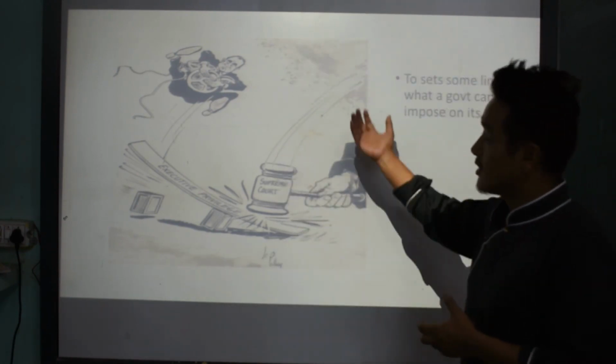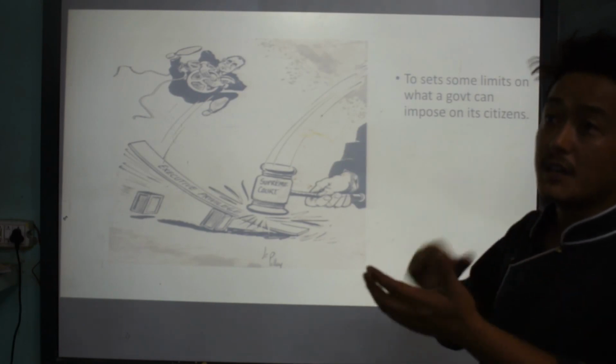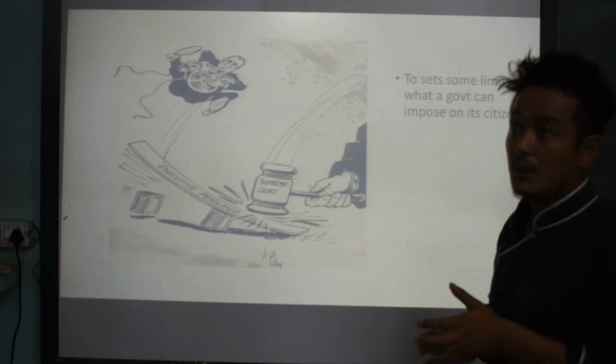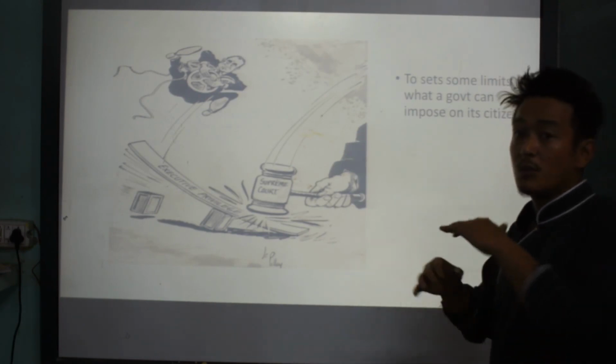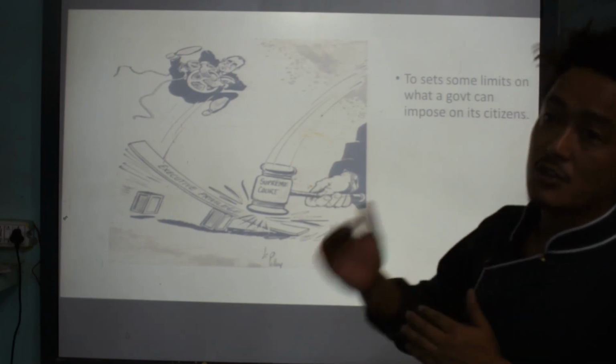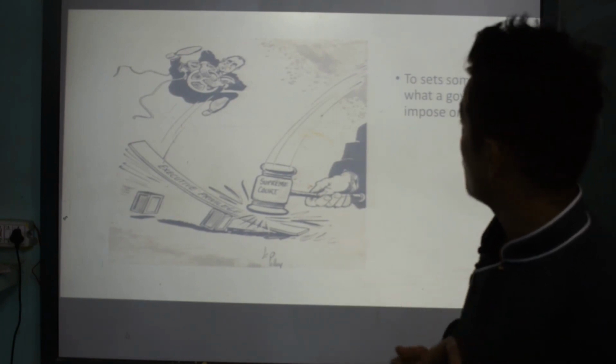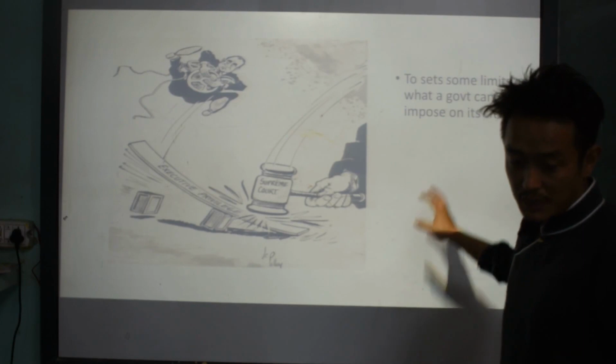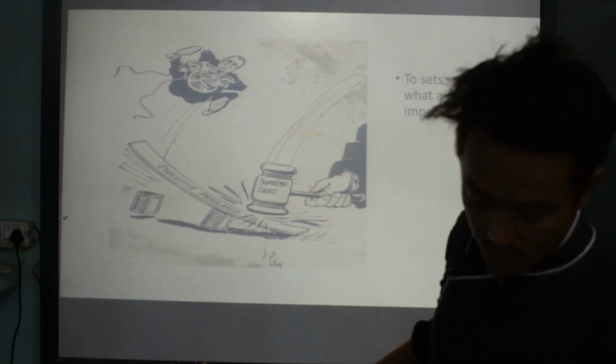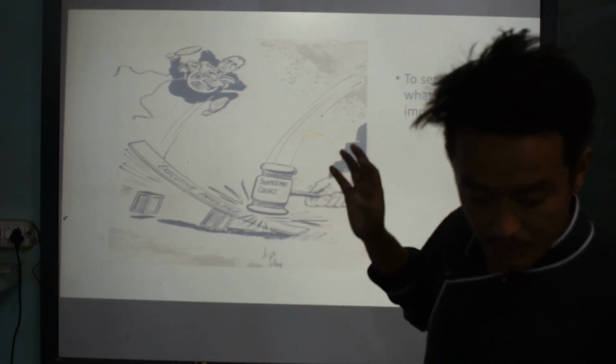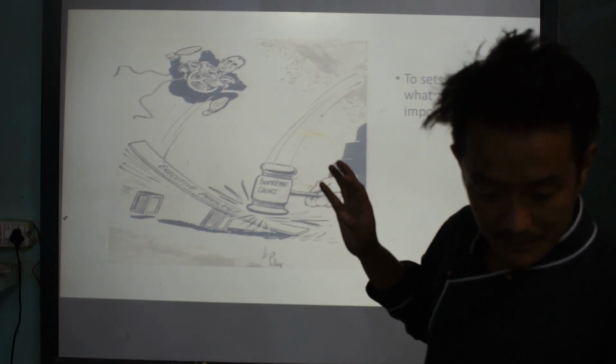So what a constitution does is it puts certain limits on a government, so that it will make sure that the government does not cross certain limits. This is one of the most important functions it performs, by putting some limits on the government.